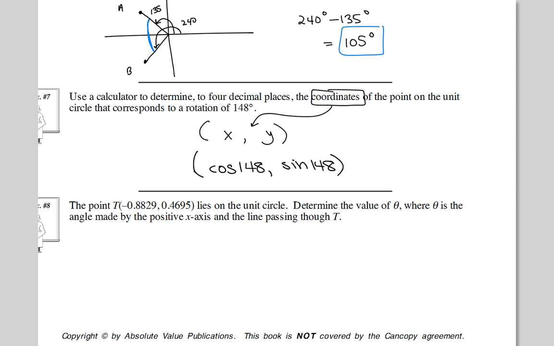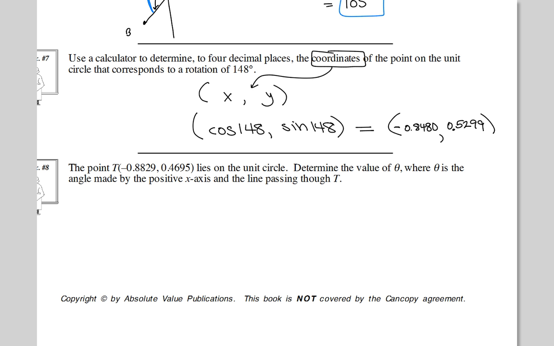You pump those into your calculator, and you will get, to 4 decimal places, 0.848 and 0.5299. The calculator will actually give you the first one negative if you check, because the calculator knows that 148 is in quad 2. So it'll make x negative.